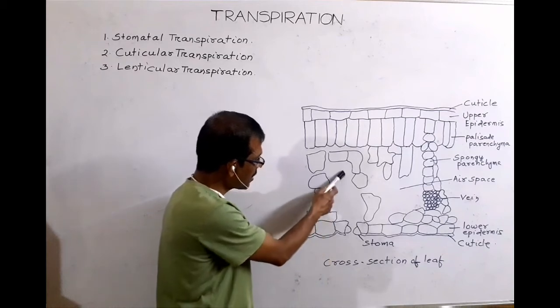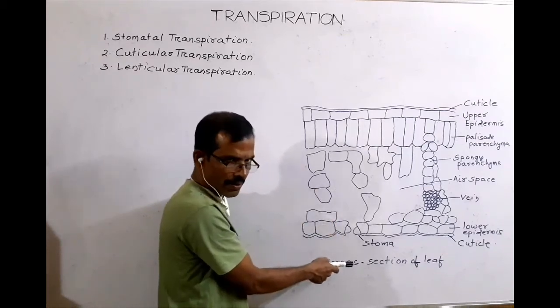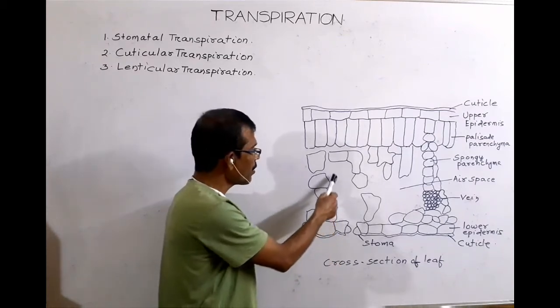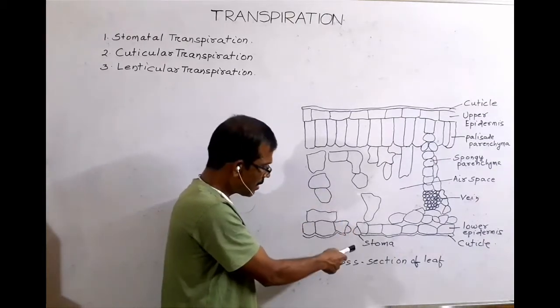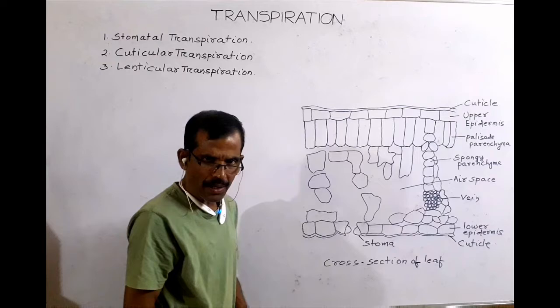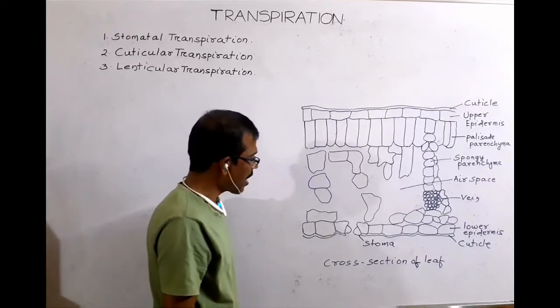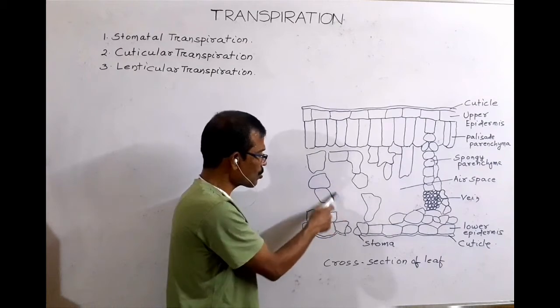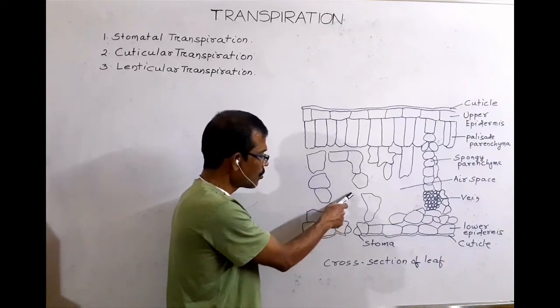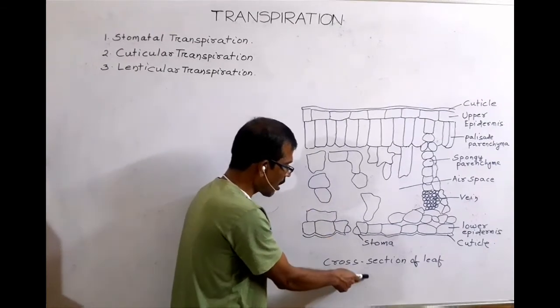So there is a gradient of water vapor. That means the water vapor is more in the substomatal air space and less in the atmosphere. So according to Fick's law of diffusion, water vapor diffuses from the substomatal air space through stomata into the atmosphere.